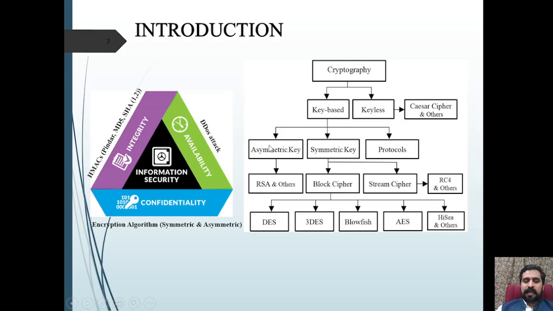A symmetric algorithm allows encryption and decryption with the same key. If we use an asymmetric algorithm, you have two kinds of keys: one is the public key and the other is the private key. The public key is often available to the public, while the private key is kept for yourself.